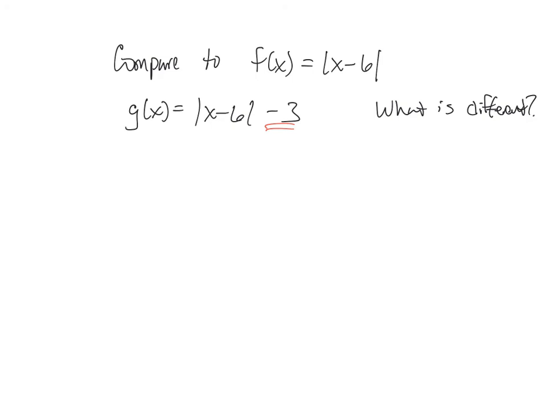And a 3 on the outside means translation down 3. Keep forgetting. Vertical translation down 3. And so whenever you see the word compare, it's talking about doing transformations. Compare this one to this one. Oh, well, this one, it's the same graph, it just goes down 3. Okay.